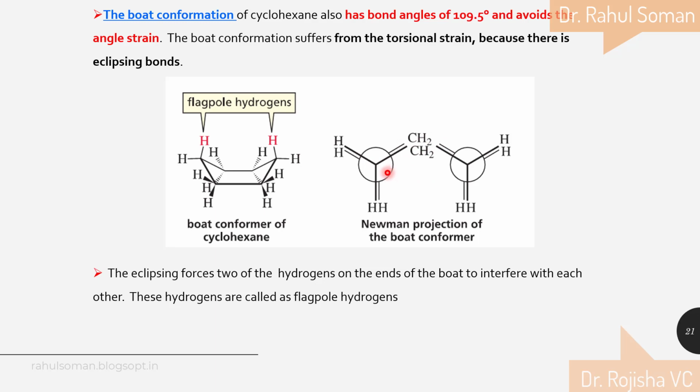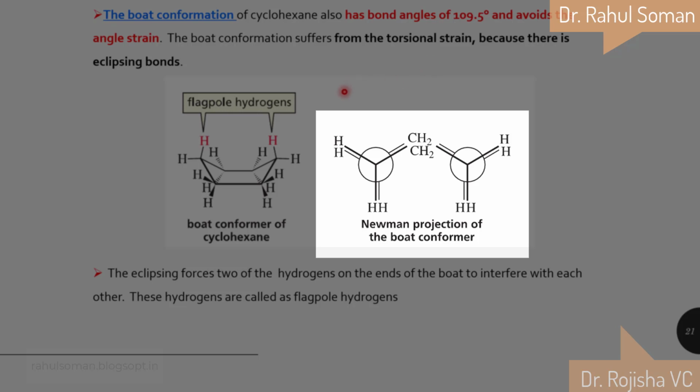We know that in the eclipsed form the torsional strain is the maximum. So this boat form is not favorable because of the torsional strain.